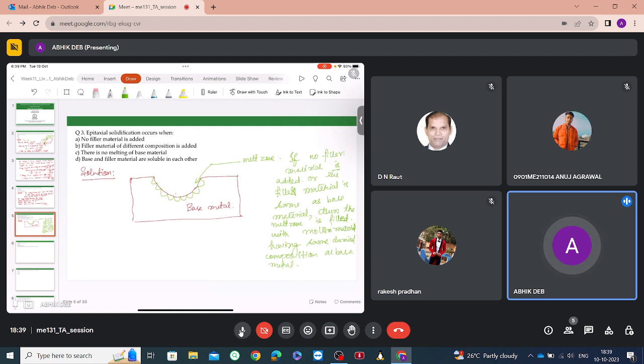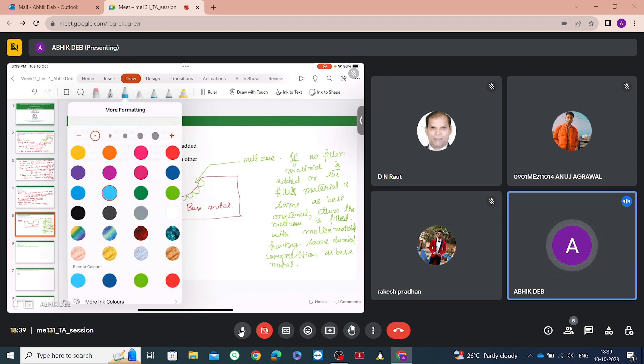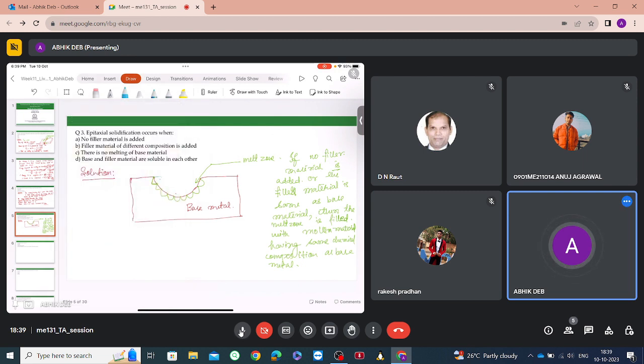Okay, now since it is the same chemical composition, suppose you consider that these grains have been cut or wounded. Now since the molten layer here is the same as this composition, from these cut or wounded regions only the grains will start growing, that is the grains will start becoming complete like this. Okay, new grains will not form at the boundary.